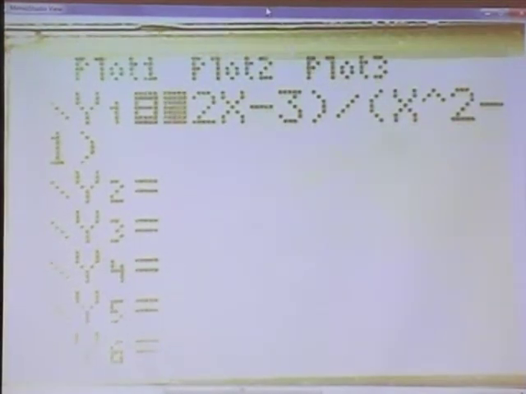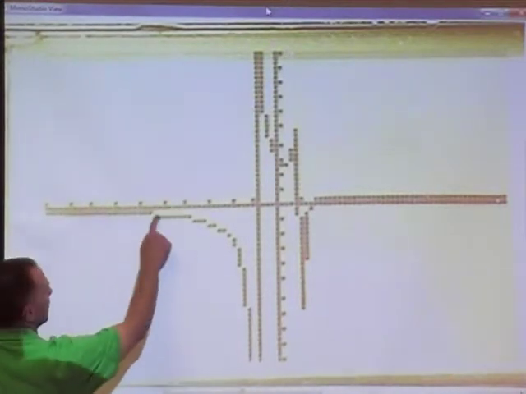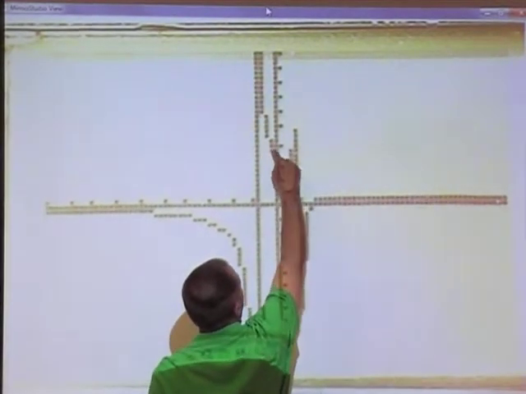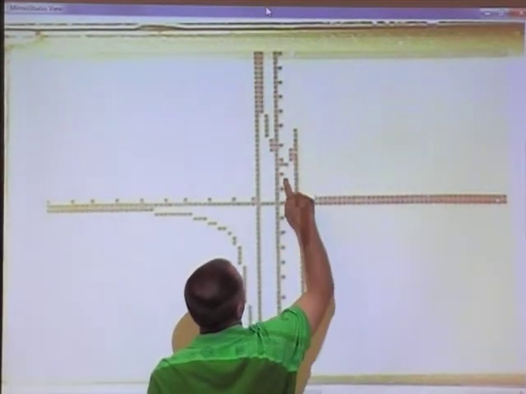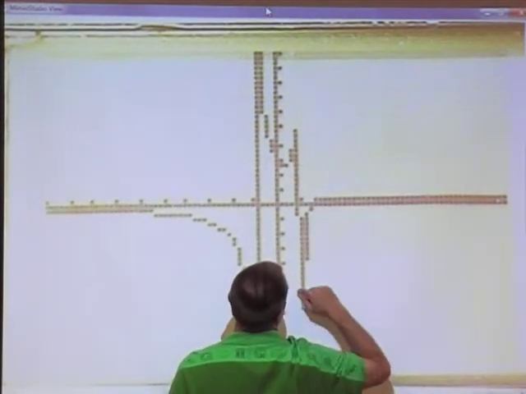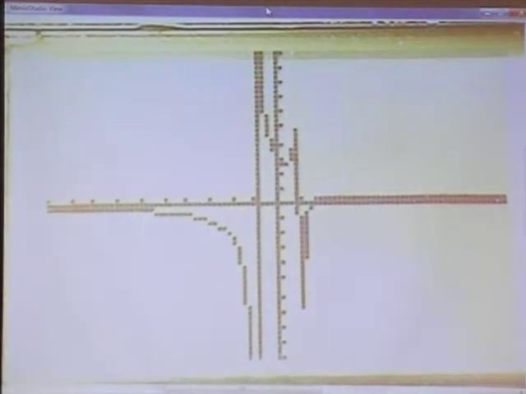Okay, then when we graph it, that's what it looks like. So we need to change the window setting a little bit. Well, this part we got right. It's coming down through this point here somehow, and we can't tell what's going on, but then it goes down here and up. So we need to actually zoom in to see a little better picture, because it doesn't look like we drew it right, but we need to make sure.